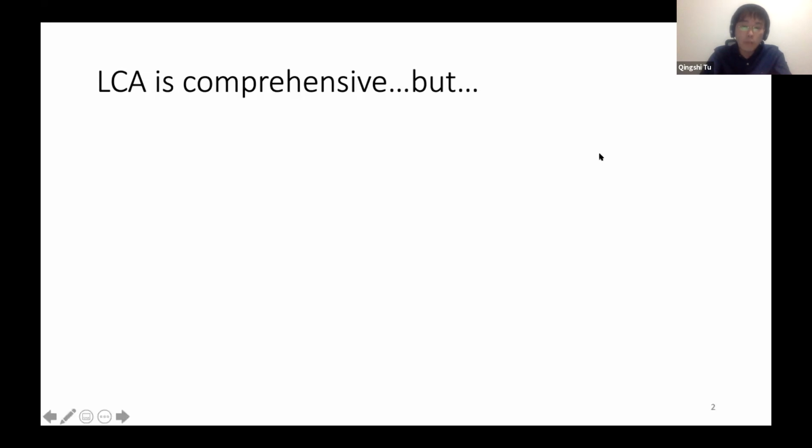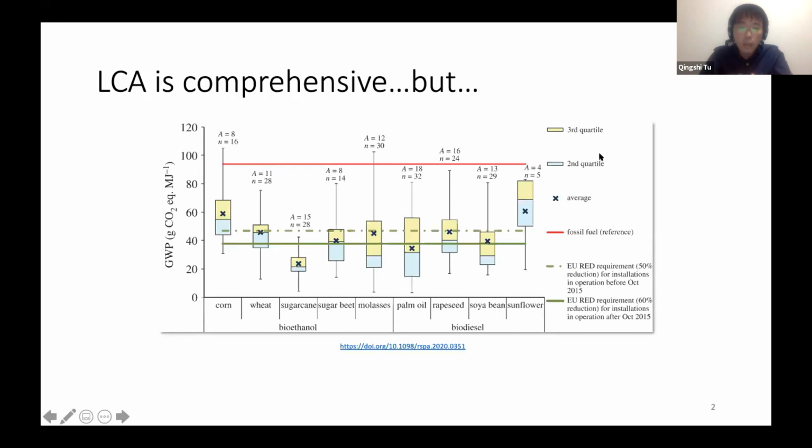If you look at many of the LCA results for, let's say, biofuels, this is a review that's conducted for bioethanol from different feedstocks and also biodiesel from different oil crops. In each individual box here, if you look at the very left, here is the corn ethanol, where the authors review 8 articles, and within those 8 articles you have 16 different case studies.